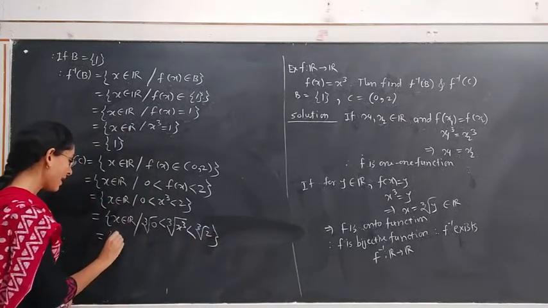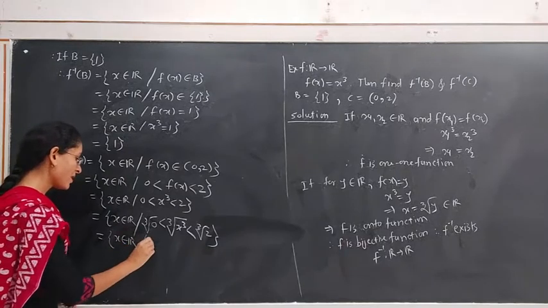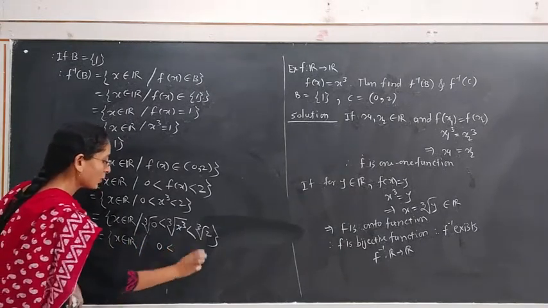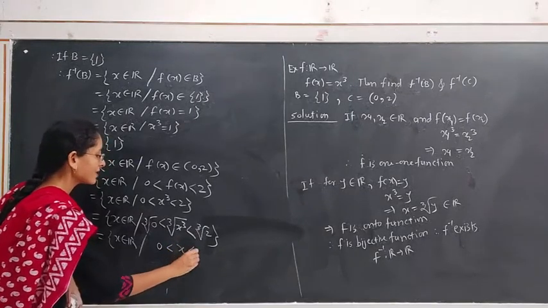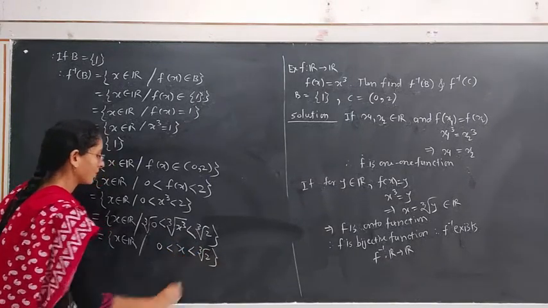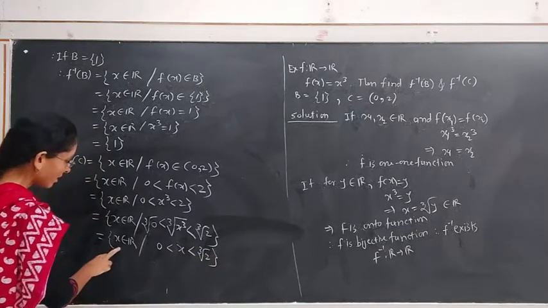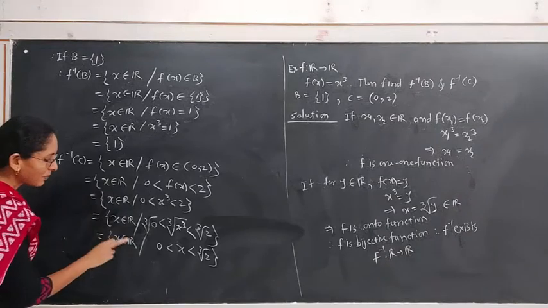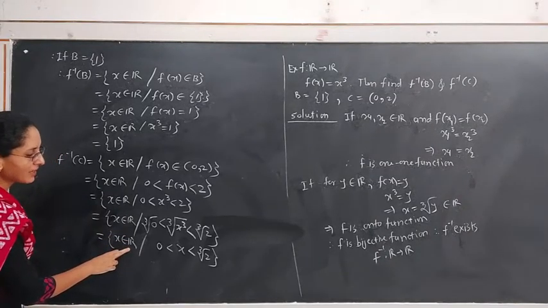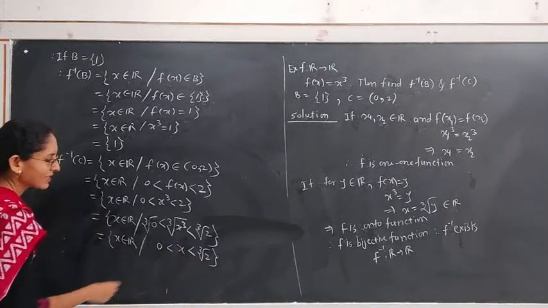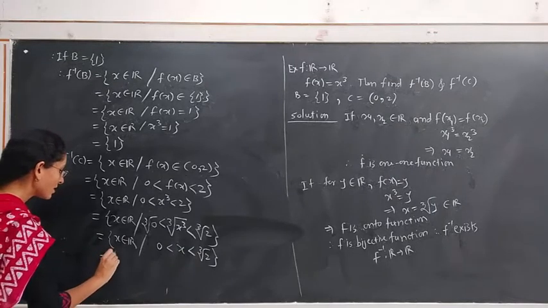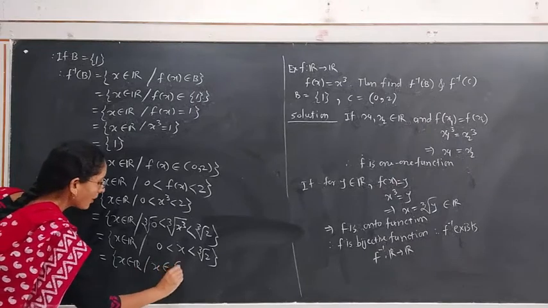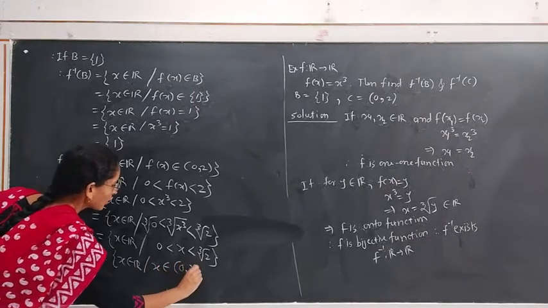This is equal to x belongs to R, where cube root of 0 is 0, less than cube root of x cube, which is x, less than cube root of 2. What we get are the values of x from the set of real numbers satisfying the inequality. This means the set of all x belongs to R, where x belongs to the open interval (0, cube root of 2).